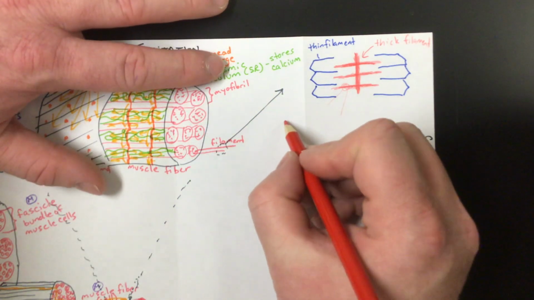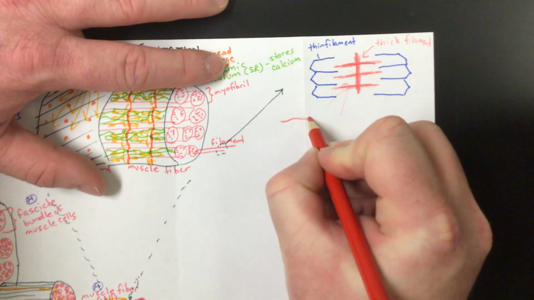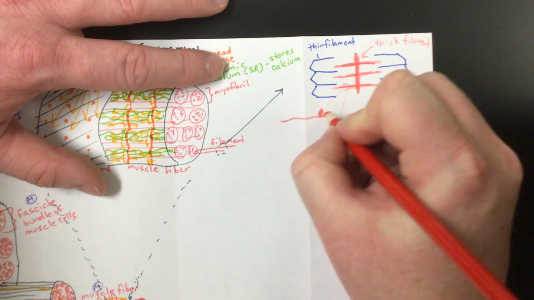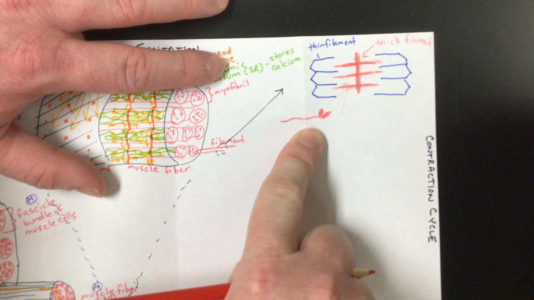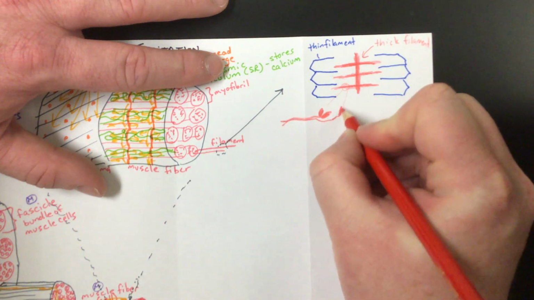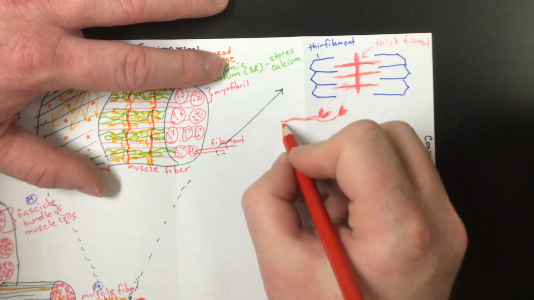So thick filaments are made up of several of these proteins with kind of two heads on them. So we can draw a bunch of those with two heads.